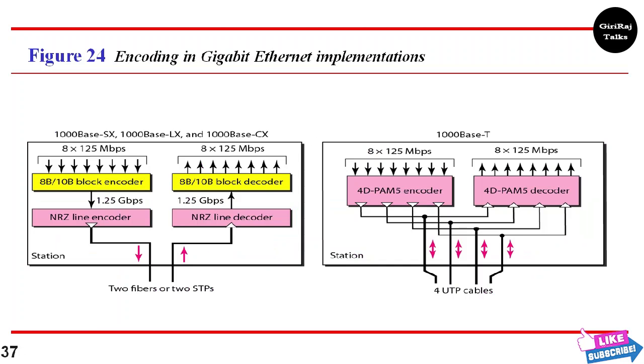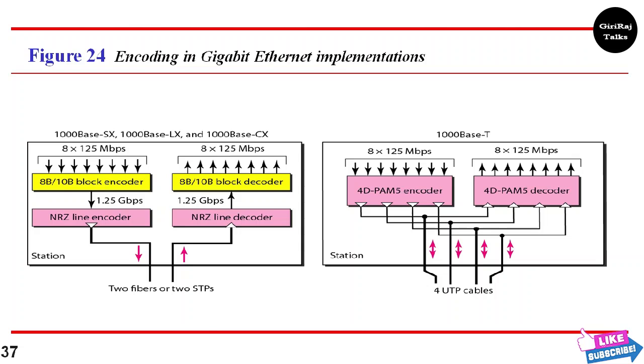See, encoding. Figure 24 shows the encoding and decoding schemes for the 4 implementations. Gigabit Ethernet cannot use the Manchester encoding scheme because it involves a very high bandwidth. The 2-wire implementations use an NRZ scheme, but NRZ does not self-synchronize properly.